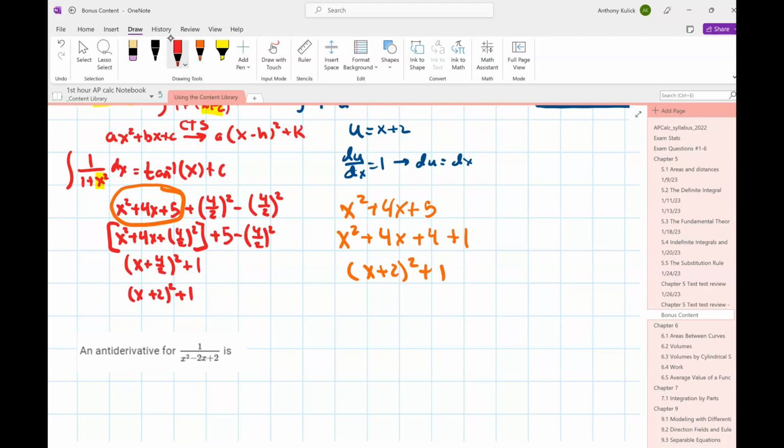See if you can get this to work out. We'll run through it together. I'll give you a couple, 2, 3, 4 minutes to think about it and try to write something down. Even if you don't finish when I say time's up, that's okay. But it's helpful to sit through and work through some of the details on your own here. Yes. 1 over x squared minus 2x plus 2.